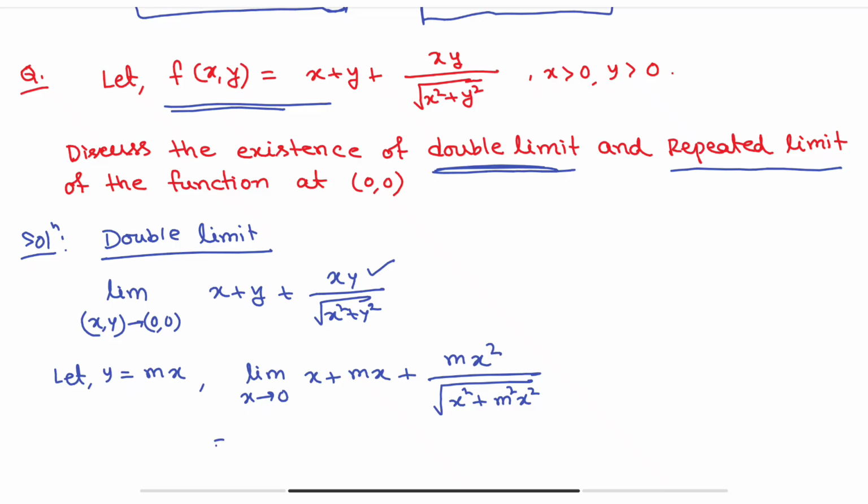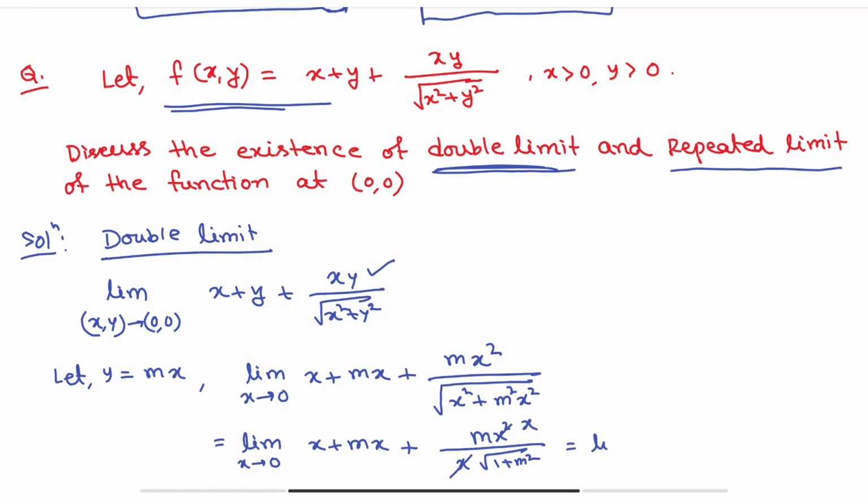So this is equal to limit x tends to 0, x plus mx plus m x square divided by x into root over 1 plus m square. The x cancels out, since the denominator is x square under the root, so that will be x.